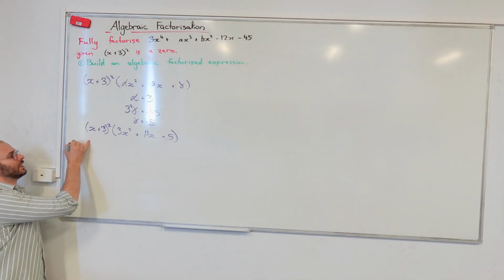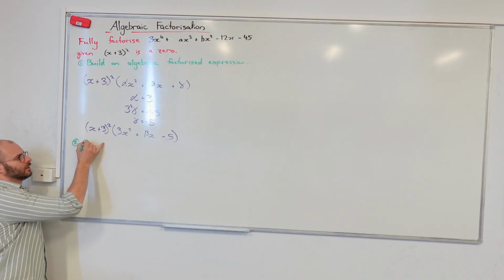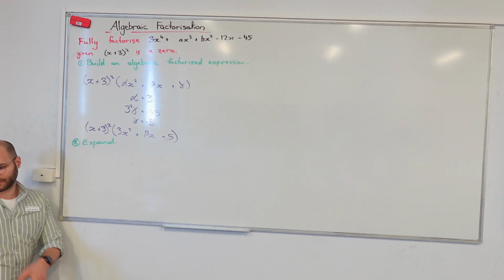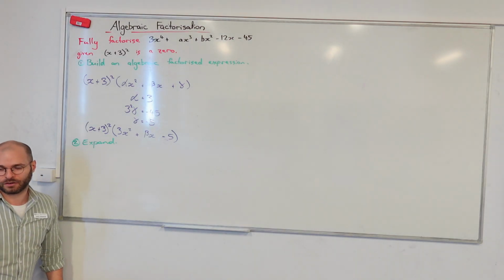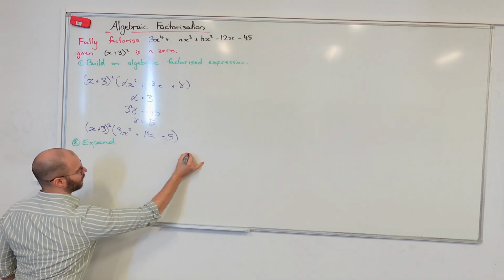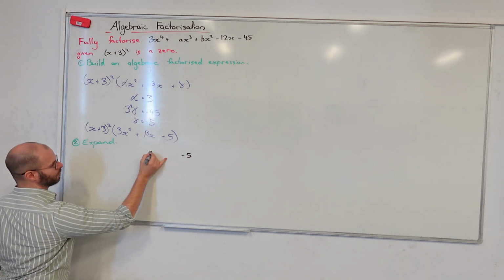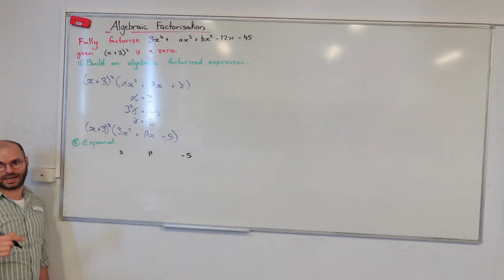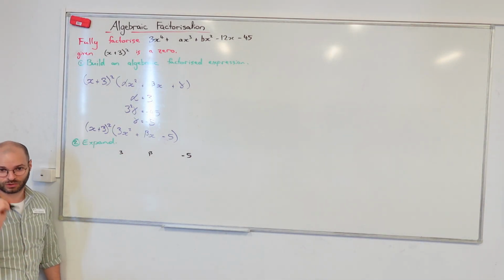Next step, we need to expand. The way we expand this is we use our favorite form of multiplication. We're going to grab our minus 5, our beta, our 3. And when I first did this question, I was very silly and I didn't look closely.